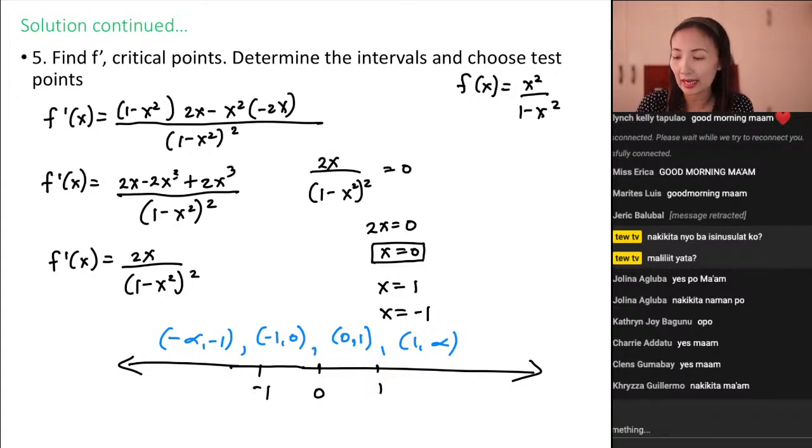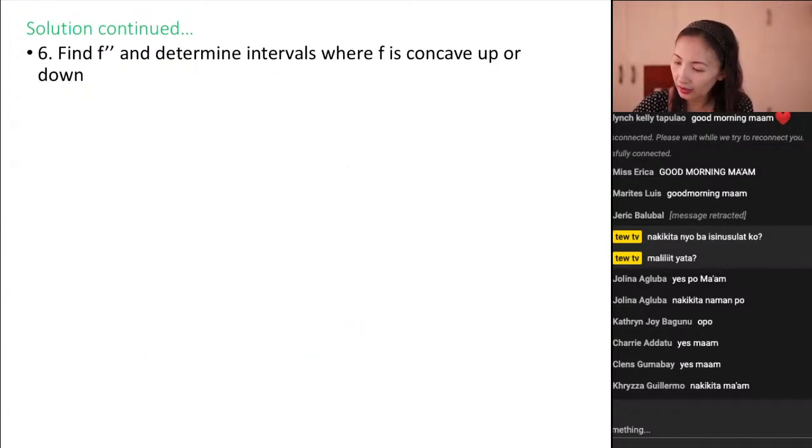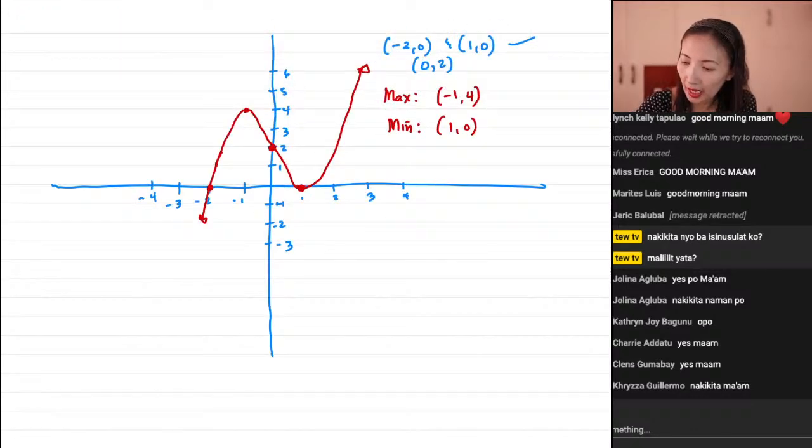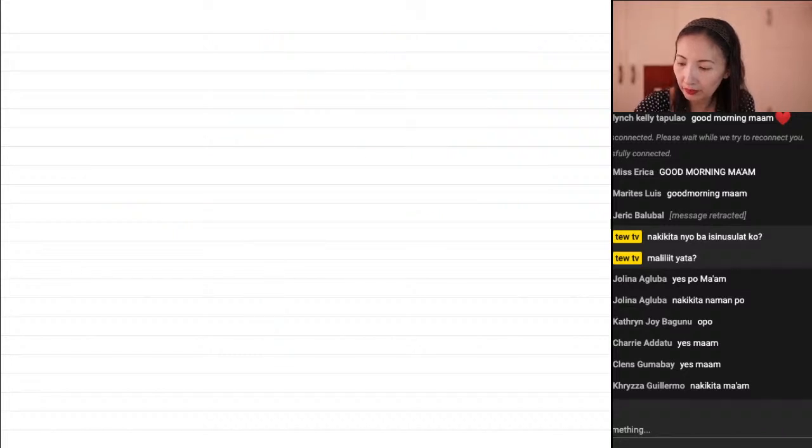Also 4, because we have 4 intervals. Let's copy our intervals. Our intervals a while ago are -infinity to -1, -1 to 0, 0 to 1, then 1 to +infinity.